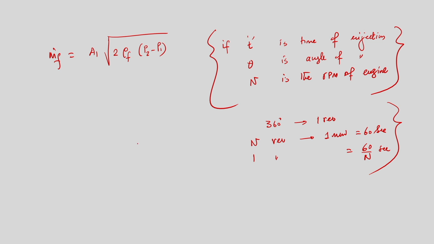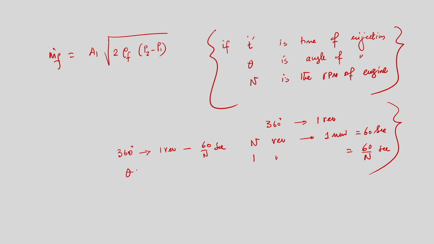Now, if theta is the angle of injection, this 360 degrees, that is 1 revolution, is nothing but 60 by n seconds if the engine speed is n RPM.